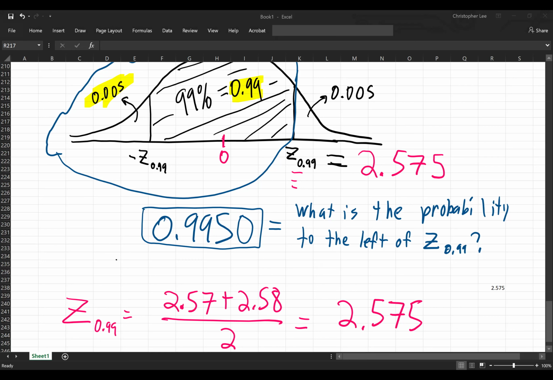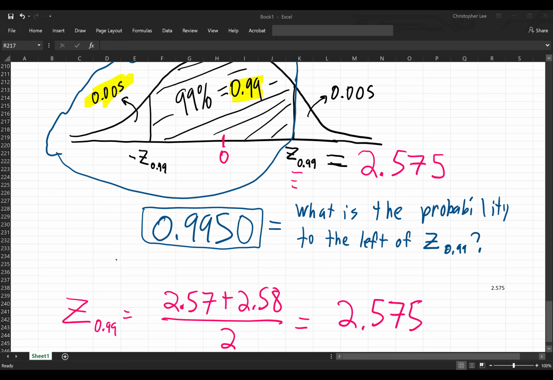Sometimes you might actually find it on a particular Z value, then that's the answer.